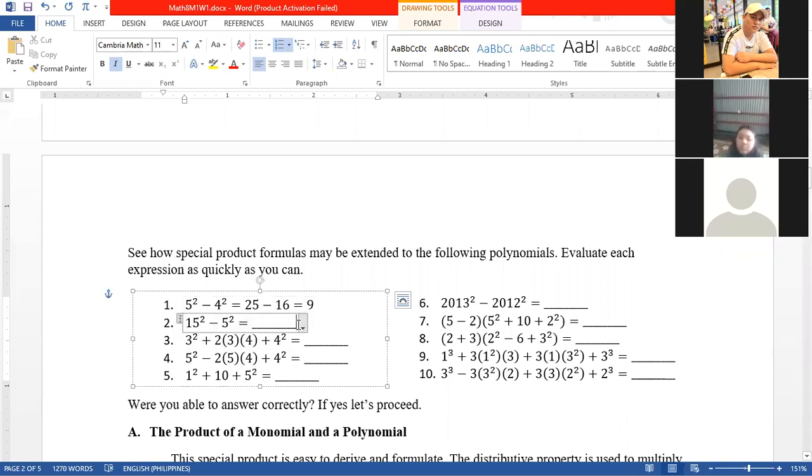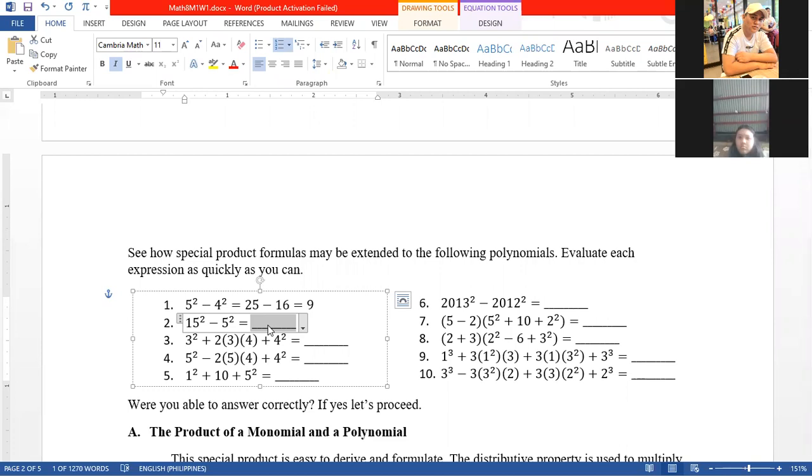Okay, take note. Second, 15 raised to the power of 2. So, 15 twice. So, 15 times 15, use your calculator, 15 times 15 is equal to 225. Minus 5 times 5 is equal to 25.